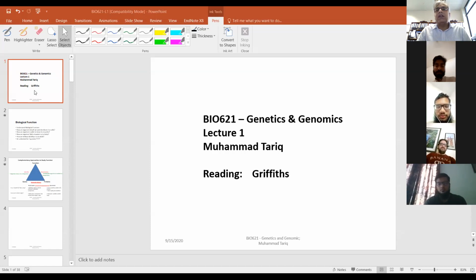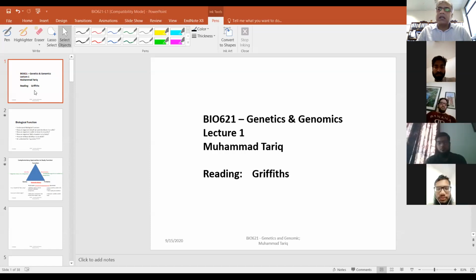There are different compartments, organelles within the eukaryotic cell, and all those are controlled. The function of a living cell is actually controlled by the protein molecules which are present within the cell.